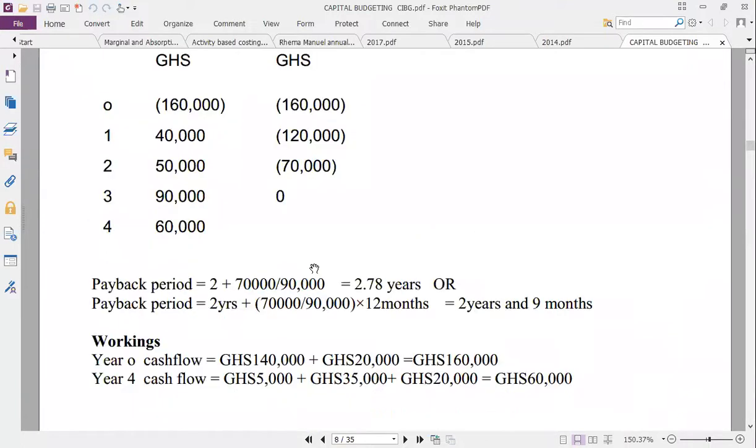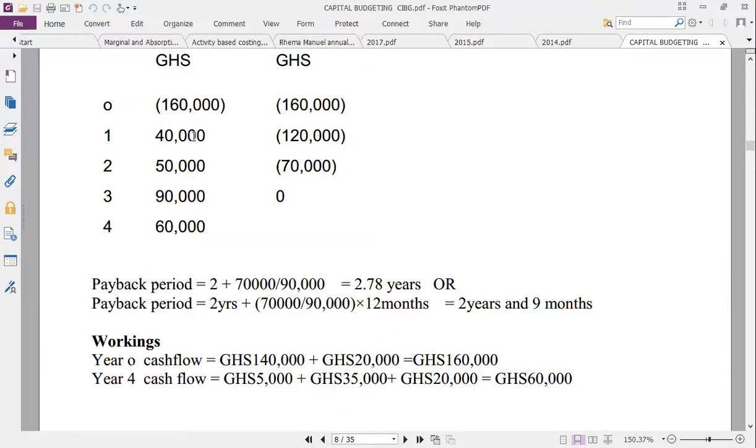Meanwhile, if we solve this without the discounting, it's 2 years and 9 months. But if you discount it, it should take a longer period. I think I changed the cash flows. There has been an amendment.